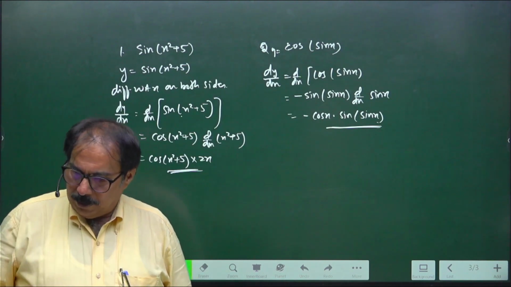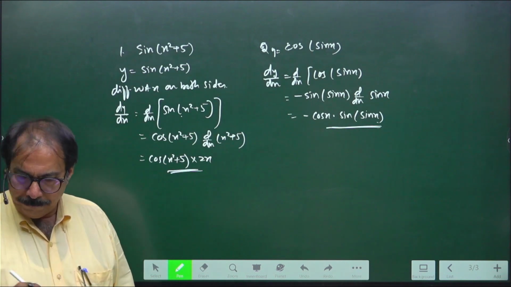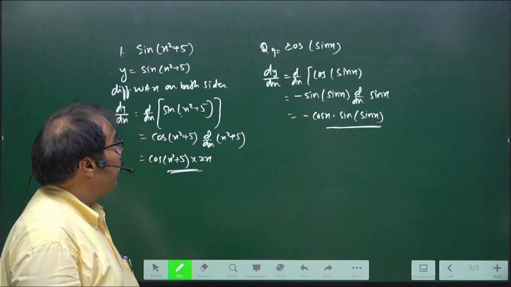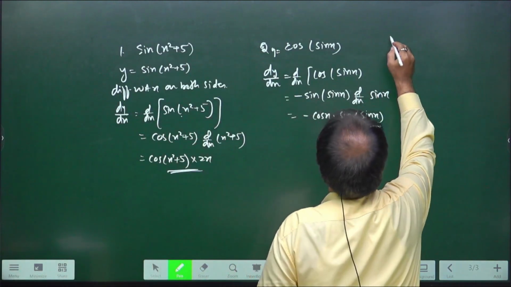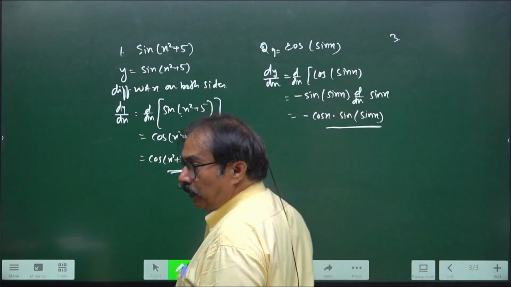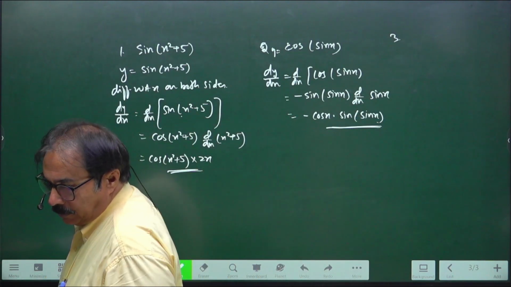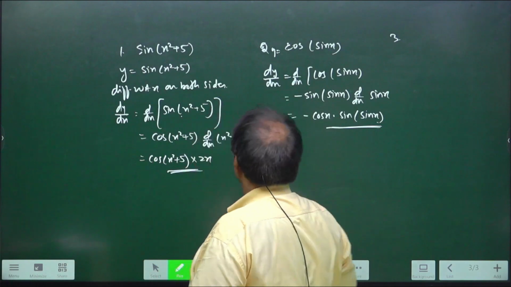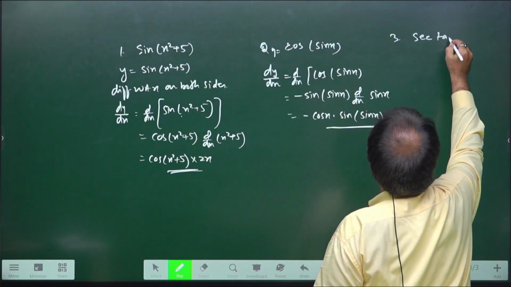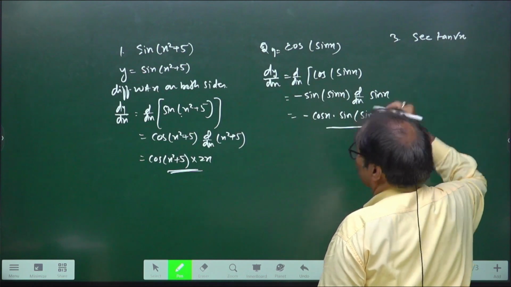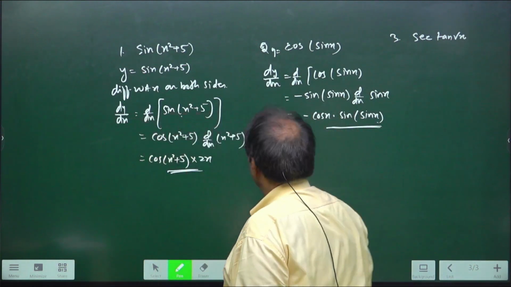Now I am taking the question of product rule. Or one more question I would like to take, then we will go to the product rule and quotient rule. Sec of tan root x.